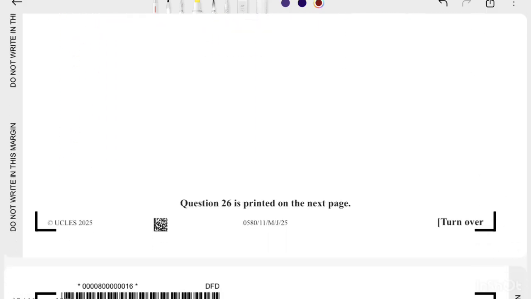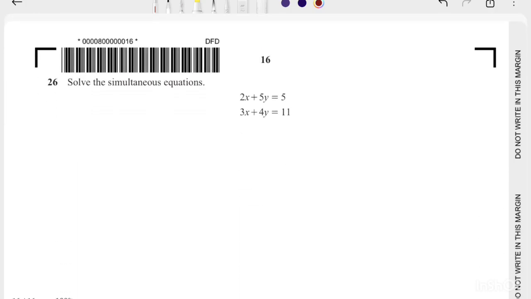Next question. Solve the simultaneous equations: 2x plus 5y is equal to 5, this is equation number 1, and 3x plus 4y is equal to 11, this is equation number 2. Now we can use either the elimination method or the substitution method. To eliminate, we have to make their coefficients the same.